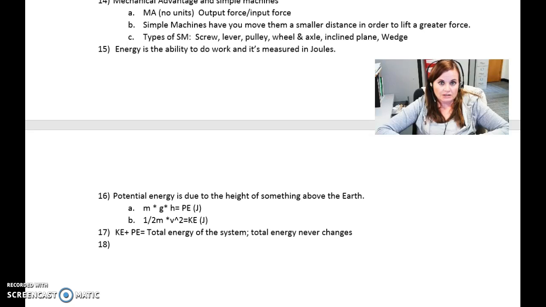So total energy does not change. It can be transferred to a different type of energy, to heat, or used to deform something when it breaks it, but the total stays the same. So as potential energy goes down as the object is falling, kinetic energy goes up because it speeds up, right?